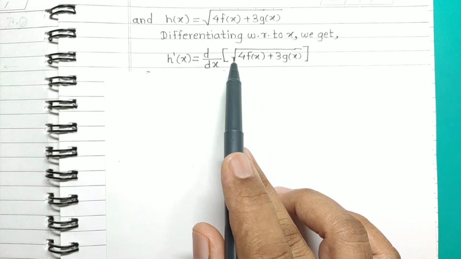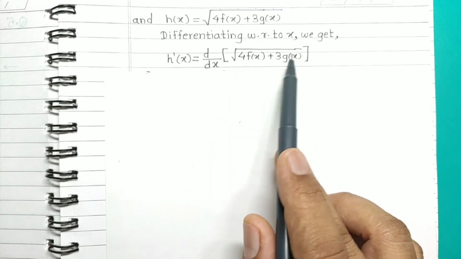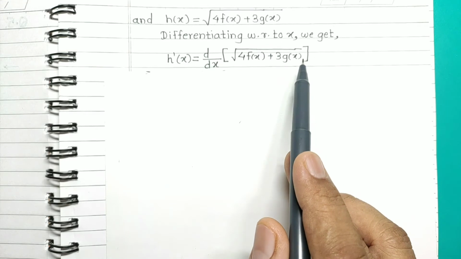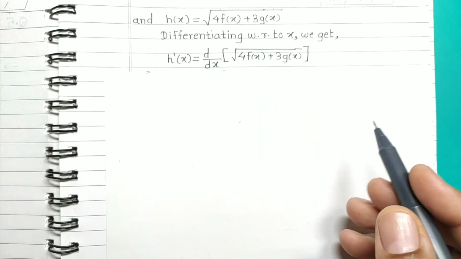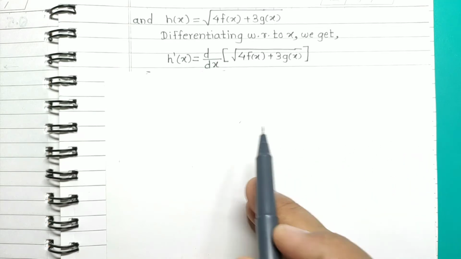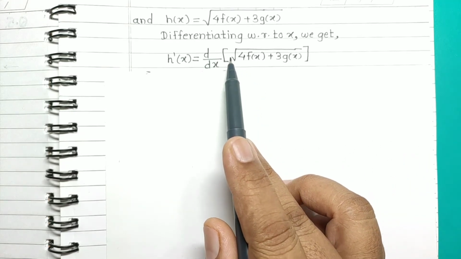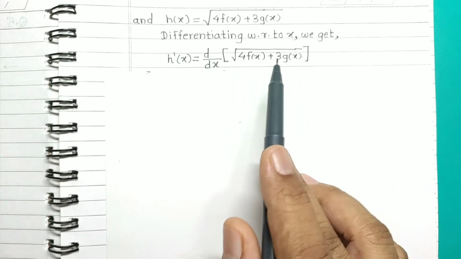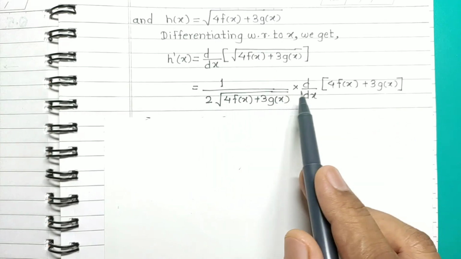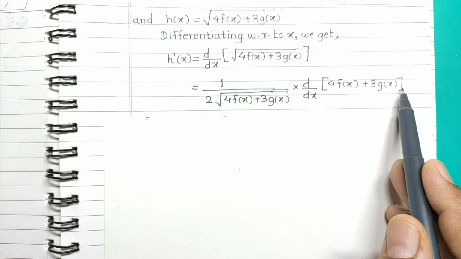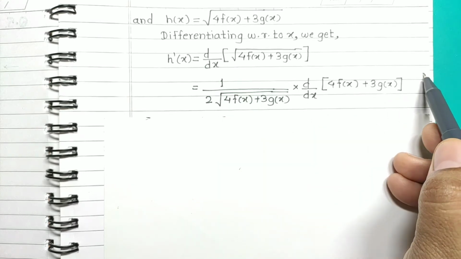So let's treat it as square root of something, and we know that the derivative of root of x is 1 upon 2 root x. So here the derivative of root of something is 1 upon 2 root of something into the derivative of something. You note this step properly.